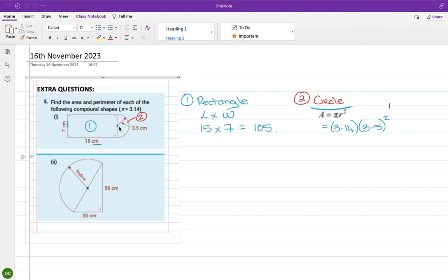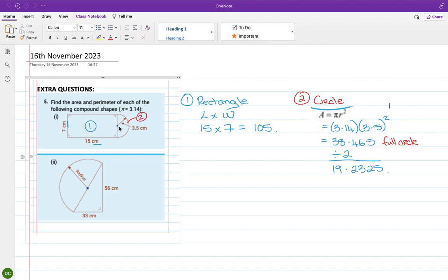So that is 38.465, but that's a full circle. And the one I have isn't. So I'm going to have to divide that by 2. So that is 19.2325.